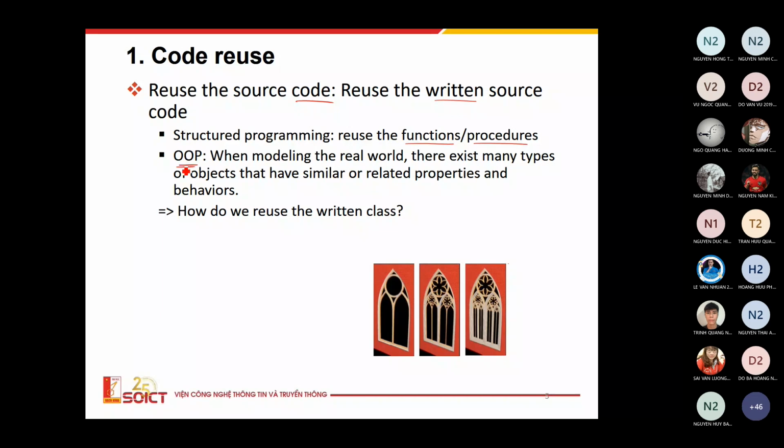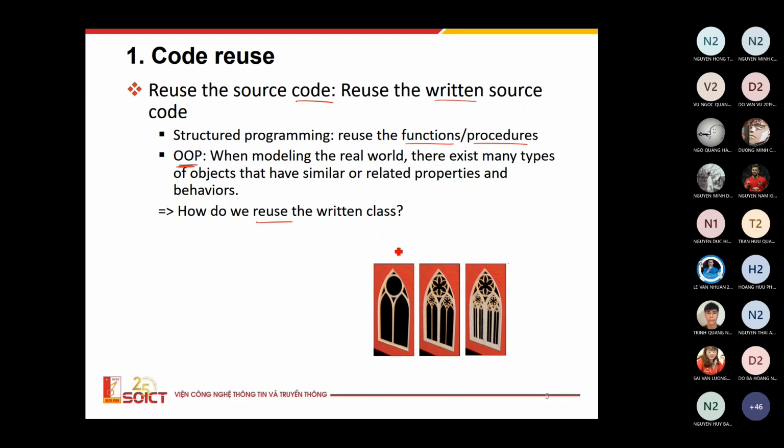And in OOP, we model the world in objects, and you can have many types of objects that have similar or related properties and behavior. So how can we reuse a written class?